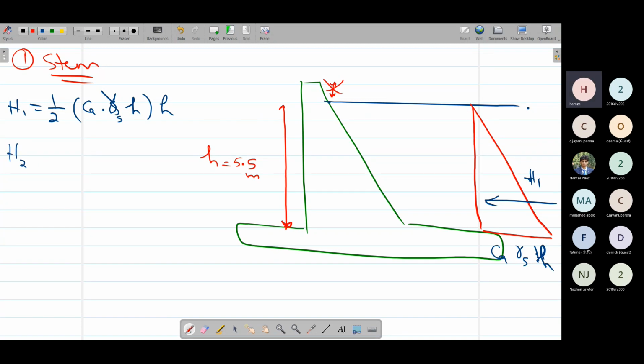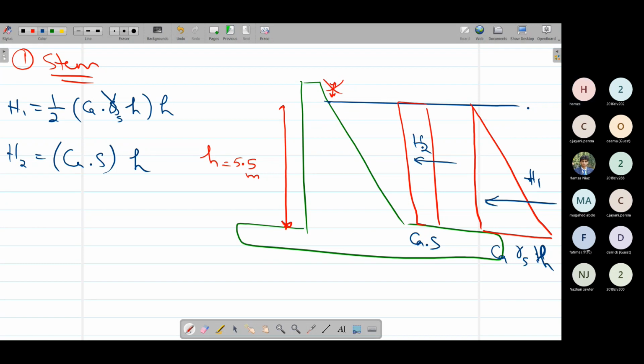The H2 is our rectangular portion of the surcharge. So our H2 value is Ca times S times H, base into height. This way we can calculate H1 and H2.